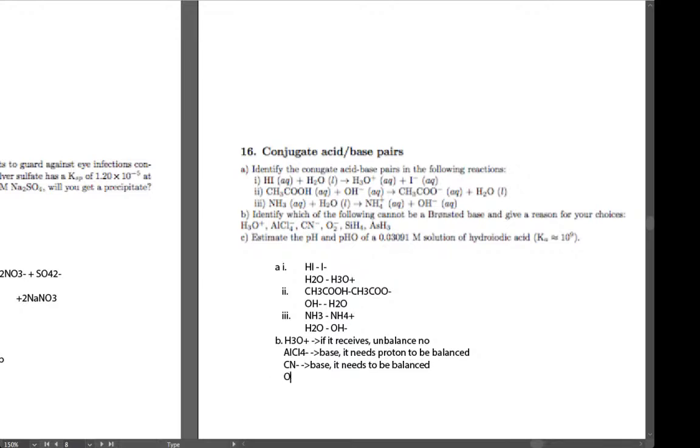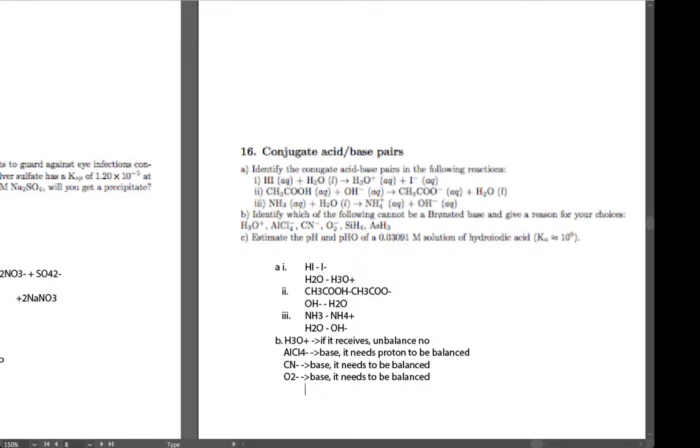O2 minus, base, it needs to be balanced. Because basically when you put in H plus, it should be balanced.